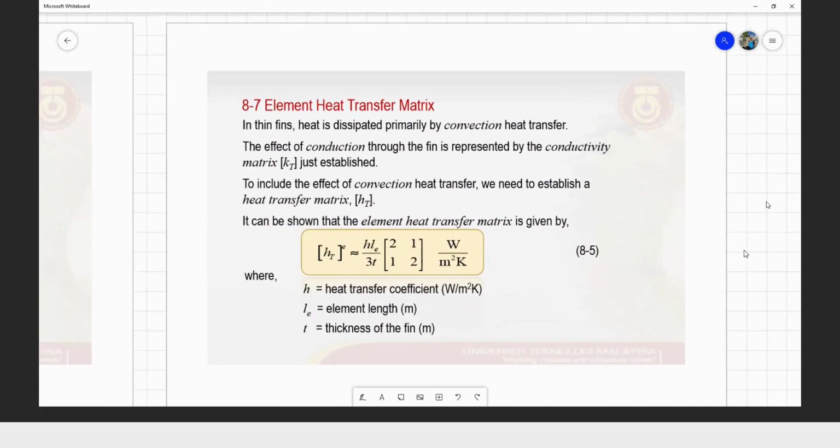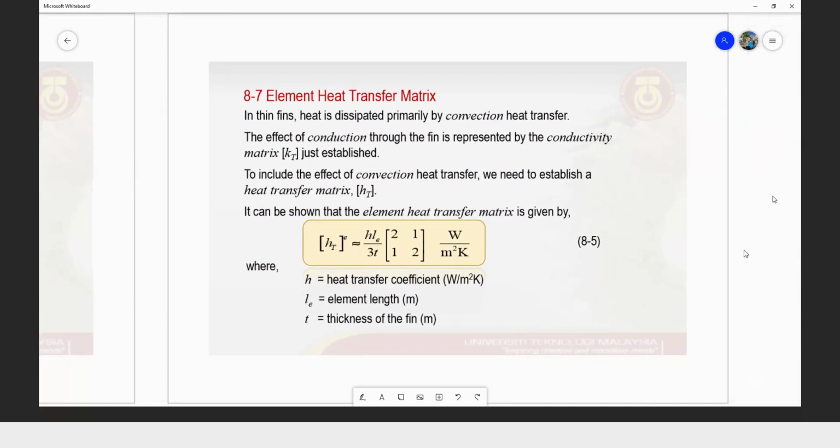Only in this topic, in the previous topic we separated them. If the problem had a specified temperature, a specified flux, we separated them when dealing with the boundary conditions, one by one. But in this case, we lump it together.